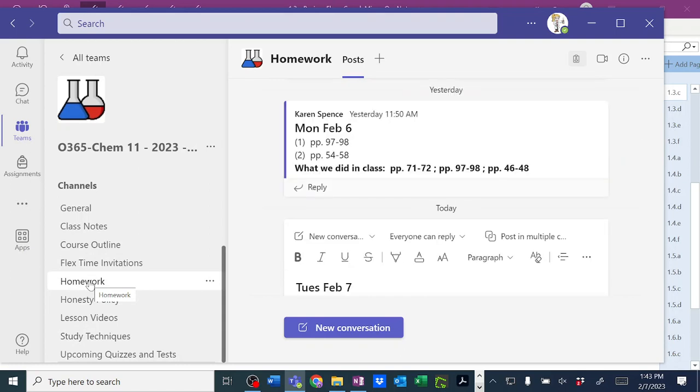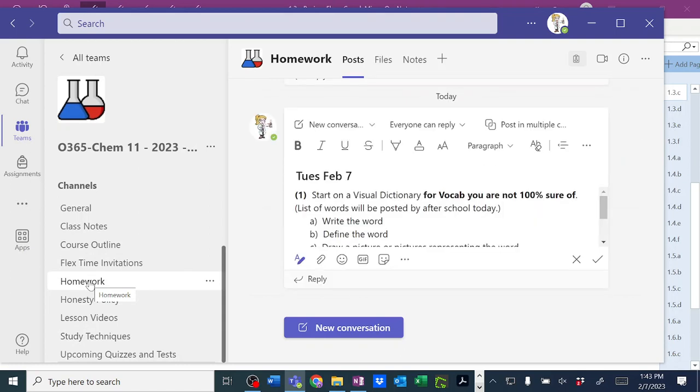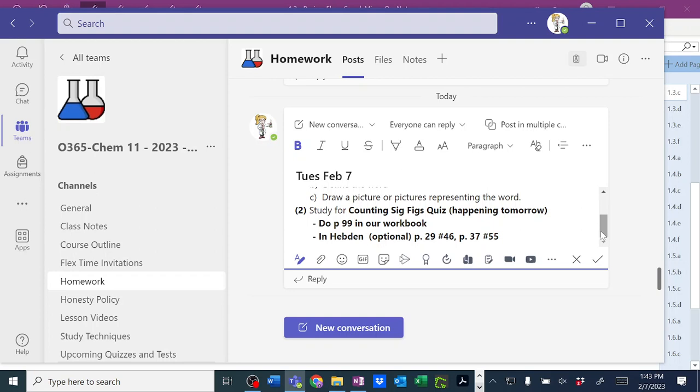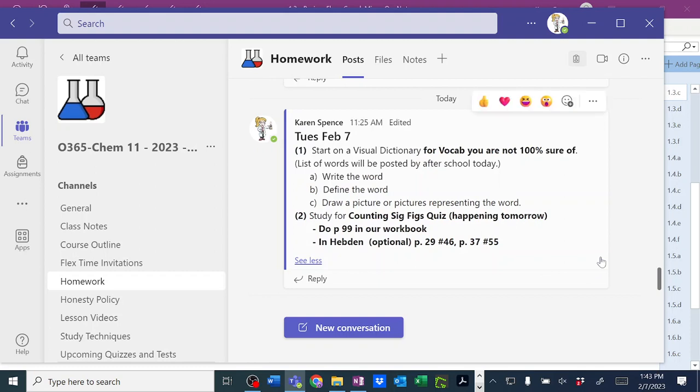I'm going to make a master list from all 3 classes and I will post it after school, on the homework. So you're going to start your visual dictionary. You are also going to study for the counting sig figs quiz, doing page 99 in our workbook, and then the Hebden is optional. You now have that book. Take it home and leave it there, okay? Quiz tomorrow, counting sig figs.